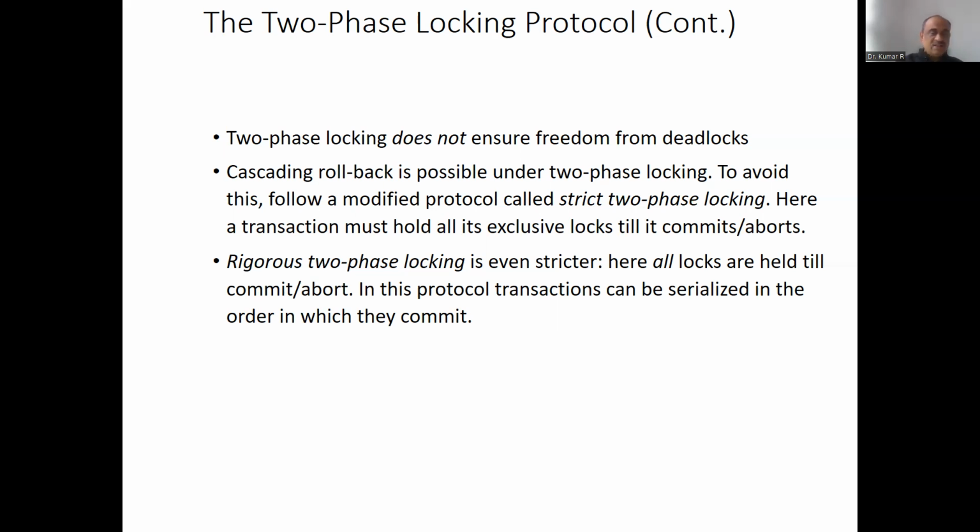The second one is the rigorous two-phase locking protocol, which is stricter than the first one. In this case, all the locks, including the shared lock and exclusive lock, will not be released until they commit. So we have three types of two-phase locking protocol: the simple two-phase locking protocol, the strict two-phase locking protocol, and the rigorous two-phase locking protocol.